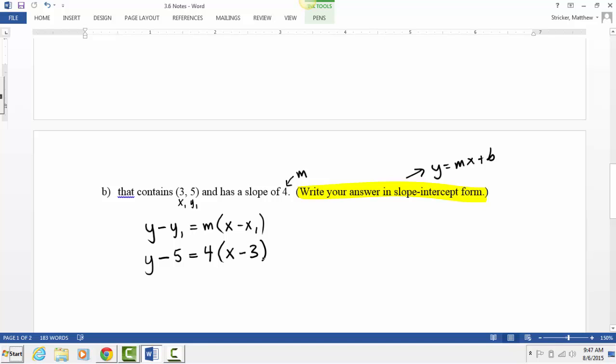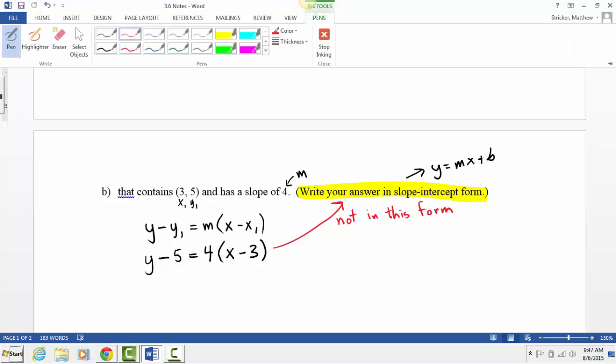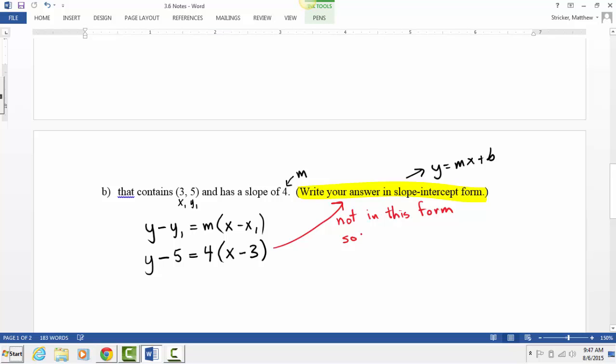Now you'll notice that what we have so far is not in the correct form. So we have to do some algebra to solve for y.